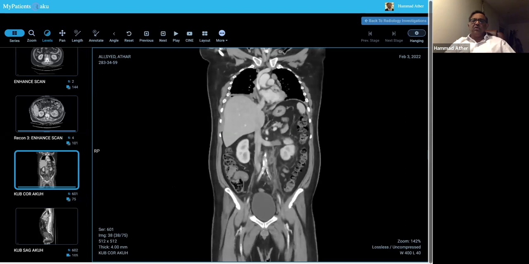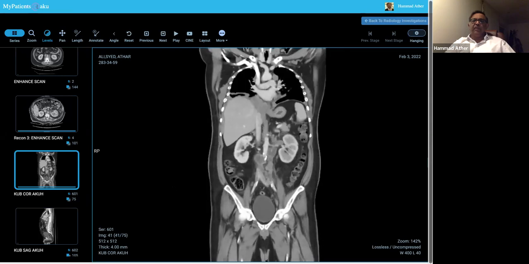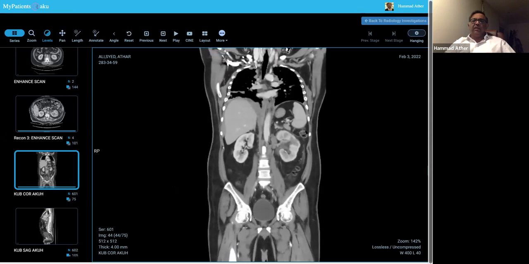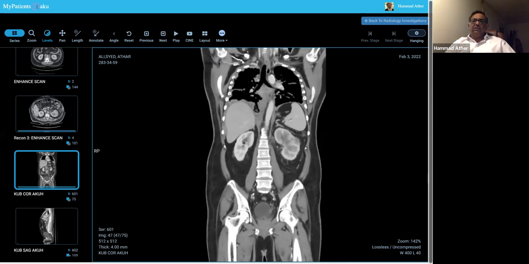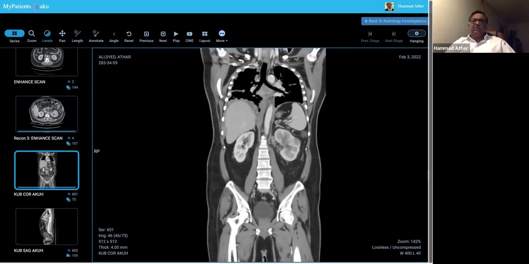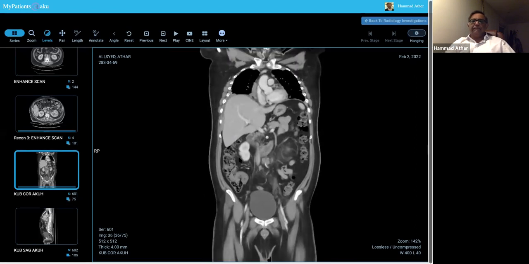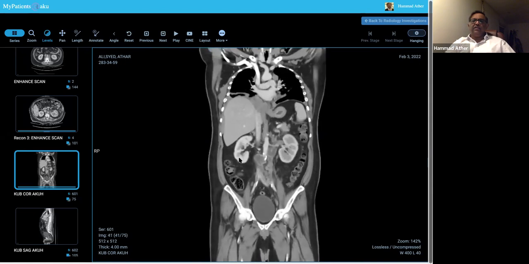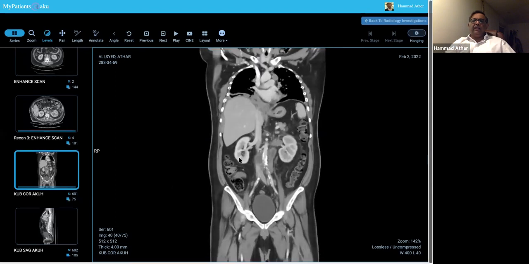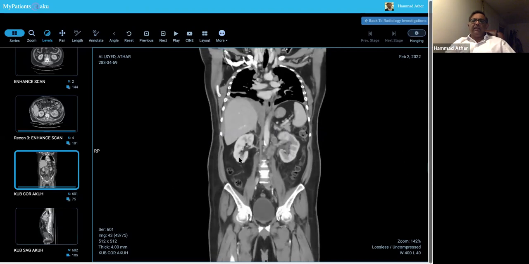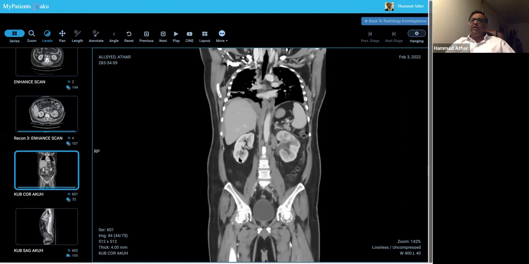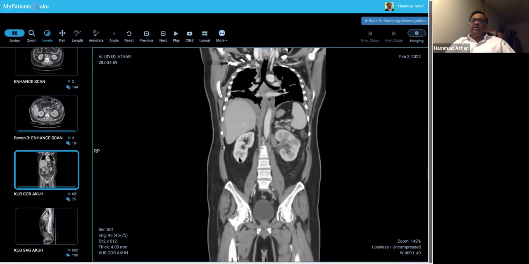So focus on the left side. So there are findings again in the kidney, there are findings in the hilum, and there are findings along the aorta, the periaortic space.